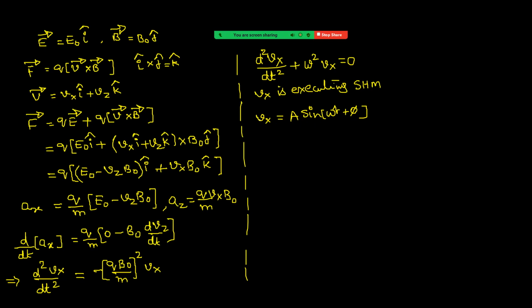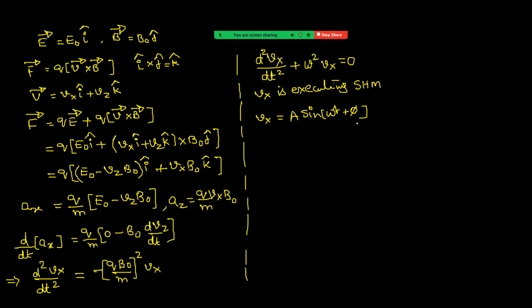Its meaning is the maximum value of the x component of velocity. In simple language, if the sine function is 1, Vx = A. That means the maximum value of Vx is A, right? So A is known as amplitude. Amplitude means maximum.